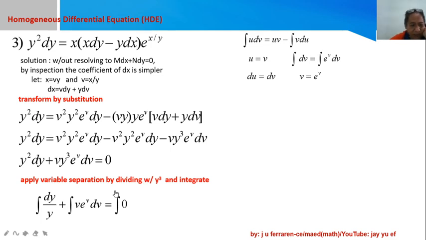If my u is v, and my dv is the exponential v dv, du is the dv. Integrate both sides, I have v, which is an exponential v.